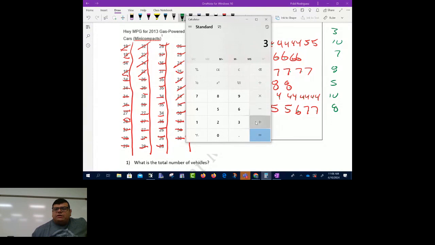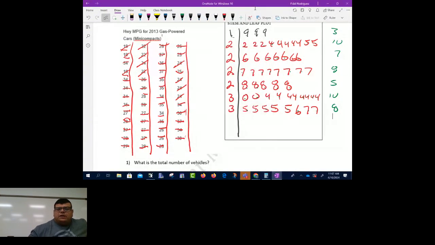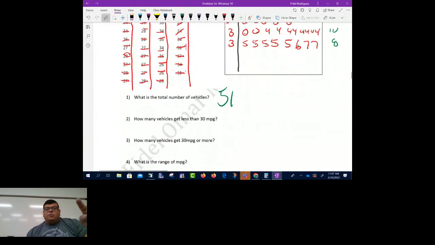Let's see. 3 plus 10 plus 7 plus 8 plus 5 plus 10 plus 8. Okay, 51, y'all. Boom, there we go. Something wasn't right. Okay, 51. So, y'all, we got 51 vehicles. Okay, guys, now we can start answering some questions.